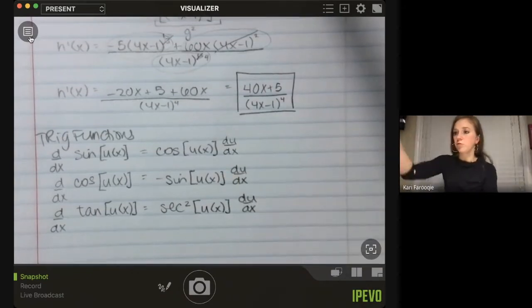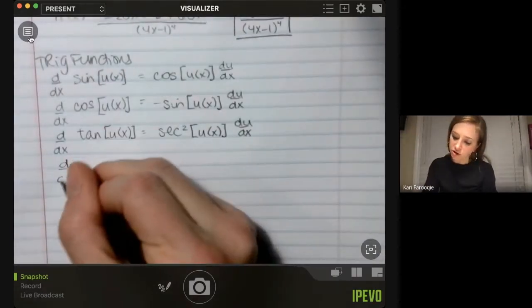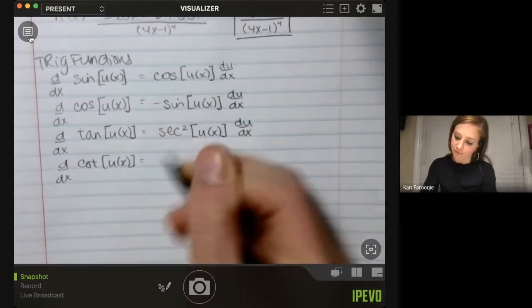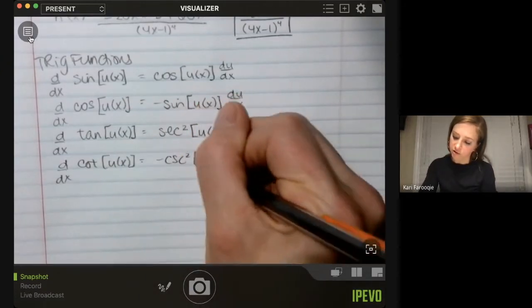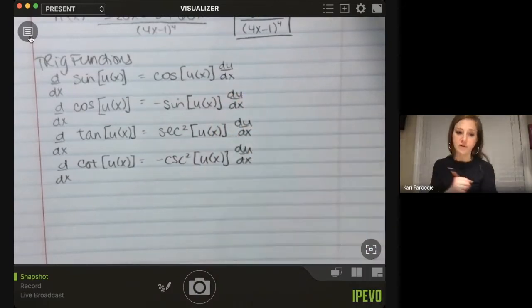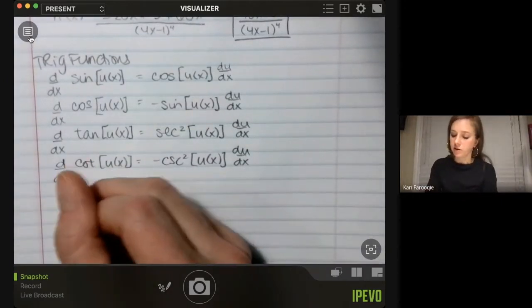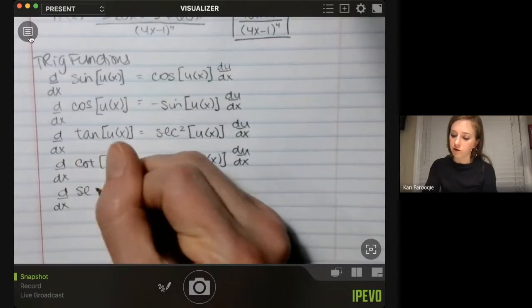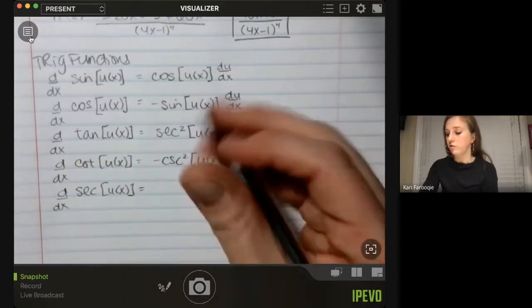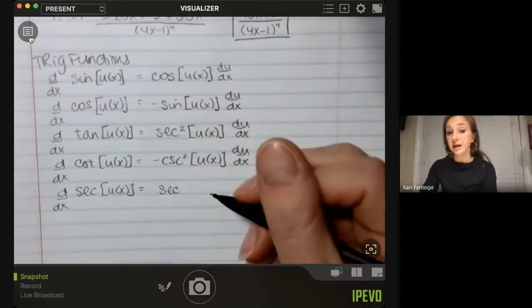So nothing super groundbreaking here. Cotangent, it's a co function. We'll have negative cosecant squared u of x du dx. And then the last two will be for the secant of some function u of x. The derivative of the secant of u of x will end up being the secant tangent.